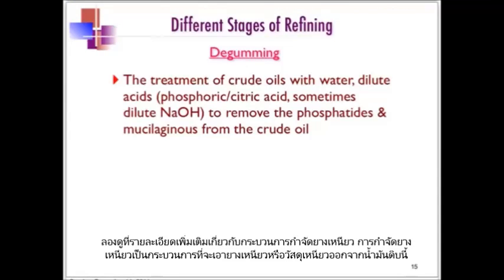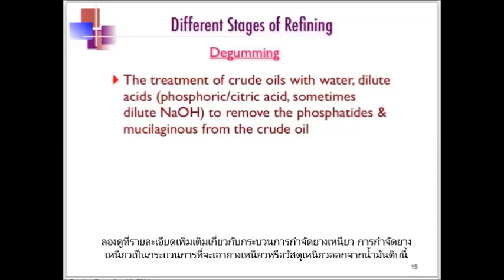Let's look at more detail on the degumming process. Degumming is basically a process to remove the gummy or mucilaginous material from the crude oil. These are basically phosphatides in the crude oil.